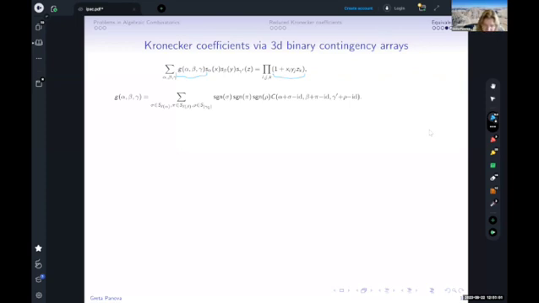Now from this identity, one can prove directly using the Weyl denominator formula that the Kronecker coefficient can be extracted as a monomial coefficient from the monomials that we will get in this signed sum. And what is this? These are the same three-dimensional binary contingency arrays. Where did this come from? Well, it came from this thing.